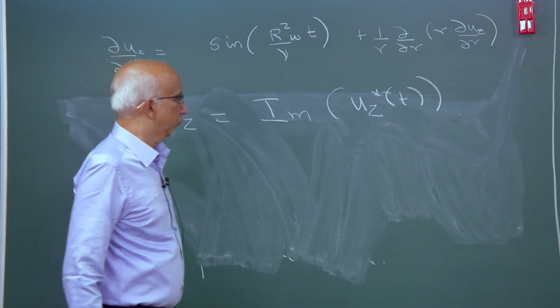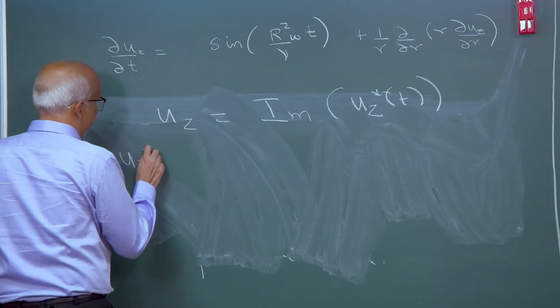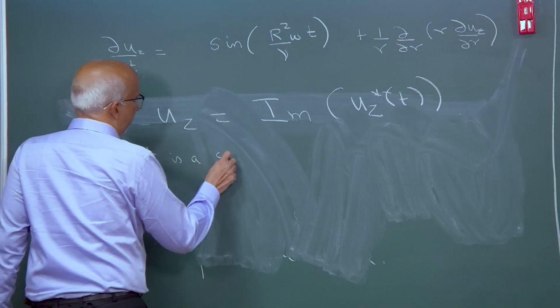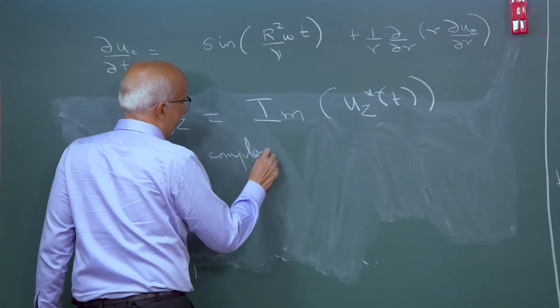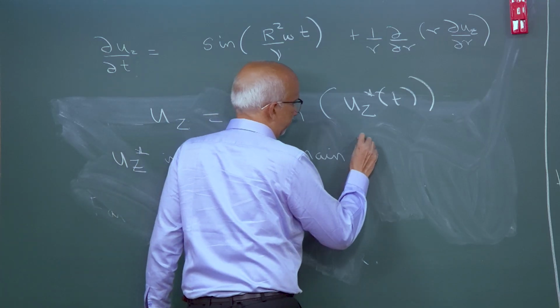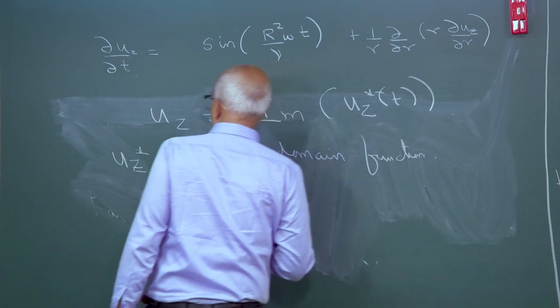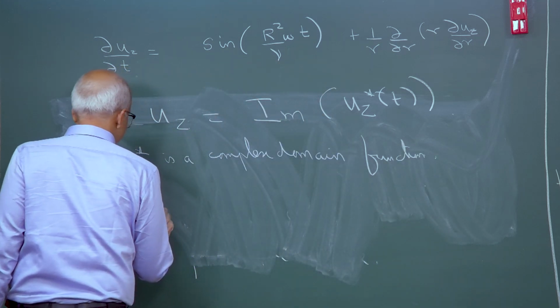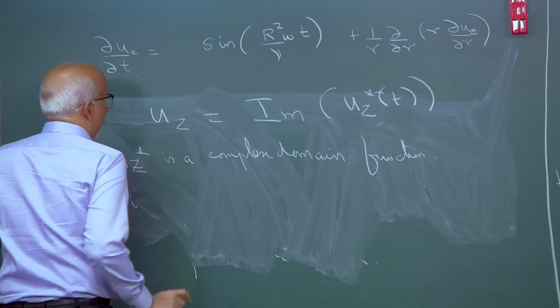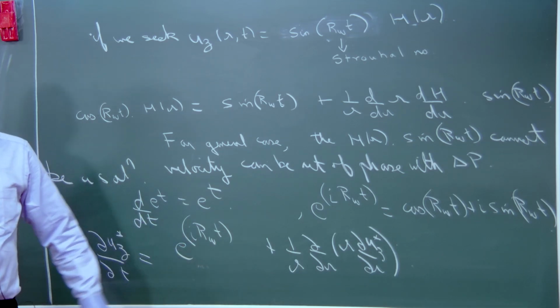Okay. So, clearly u z star is a function in a complex domain, because my non-homogeneity now is complex.